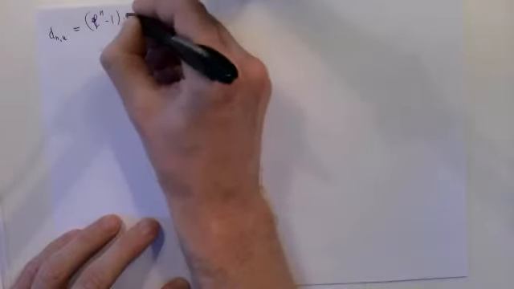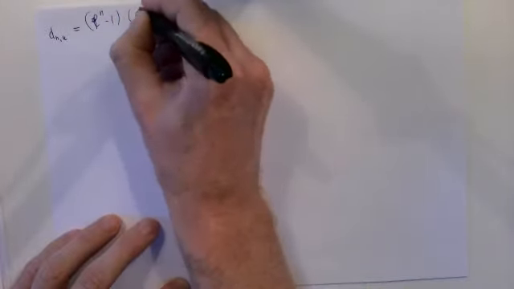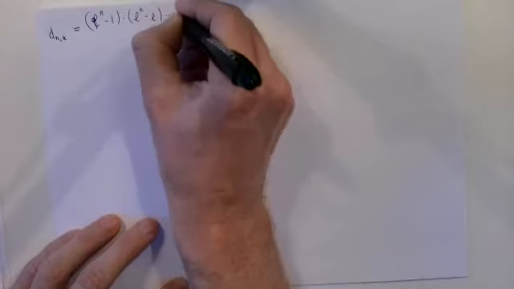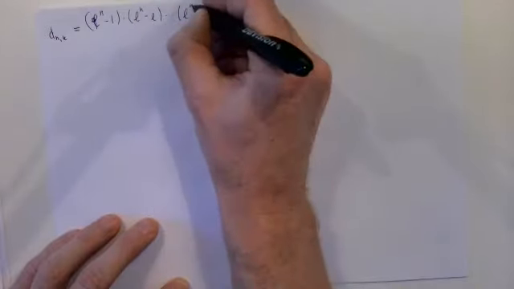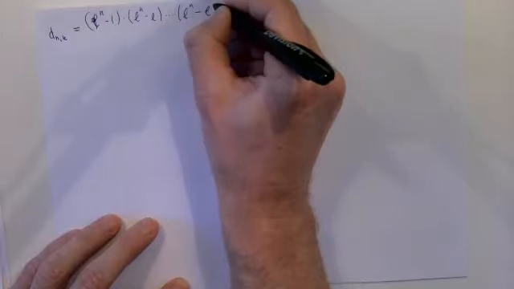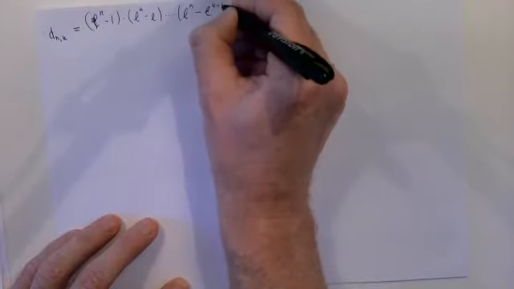And to do that, let me first say that Avner states in his paper that the degree of T_{n,k} is (L^n minus 1) times (L^n minus L) dot dot dot times (L^n minus L^{k-1}).